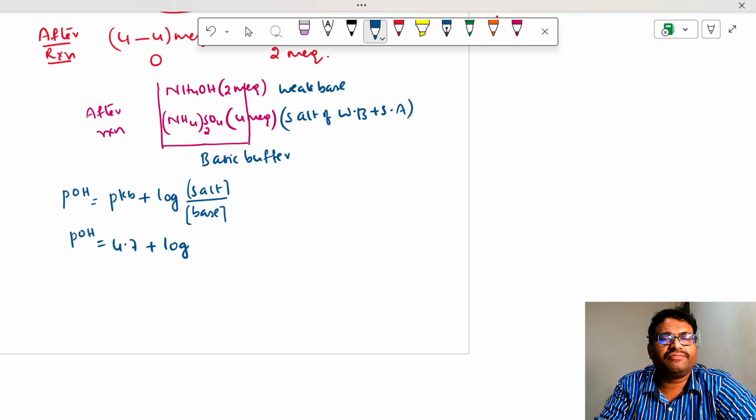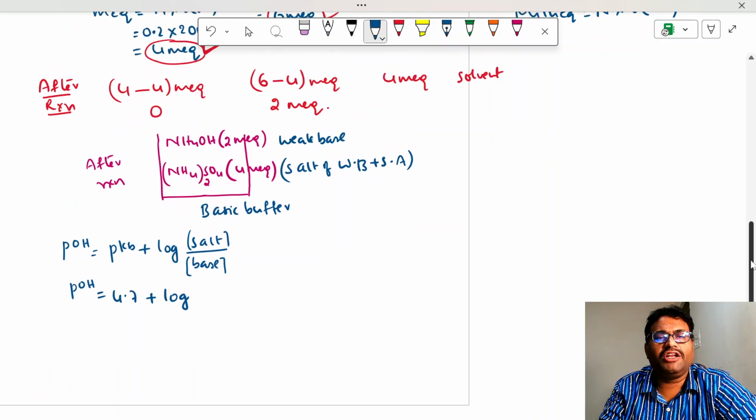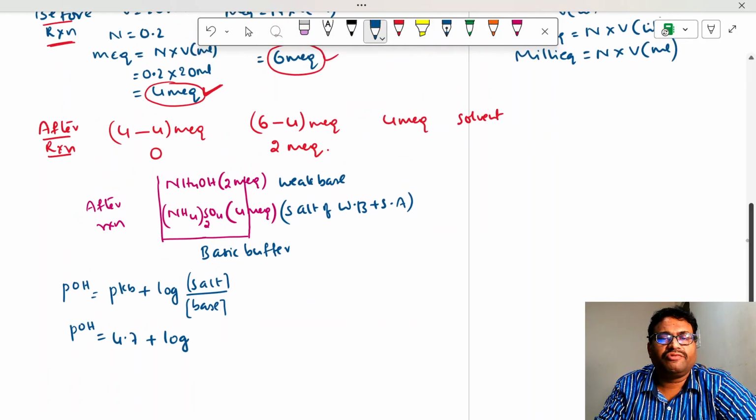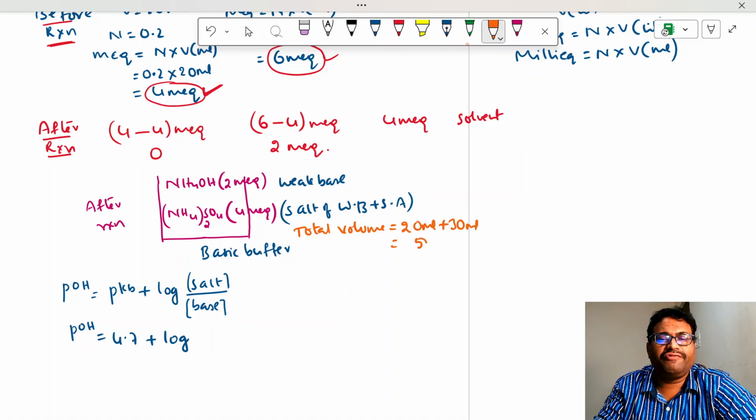Now what is the total volume on mixing these two? Total volume is equal to 20 ml plus 30 ml, that is equal to 50 ml, right? Salt number of milliequivalents is how many? 4 milliequivalents.